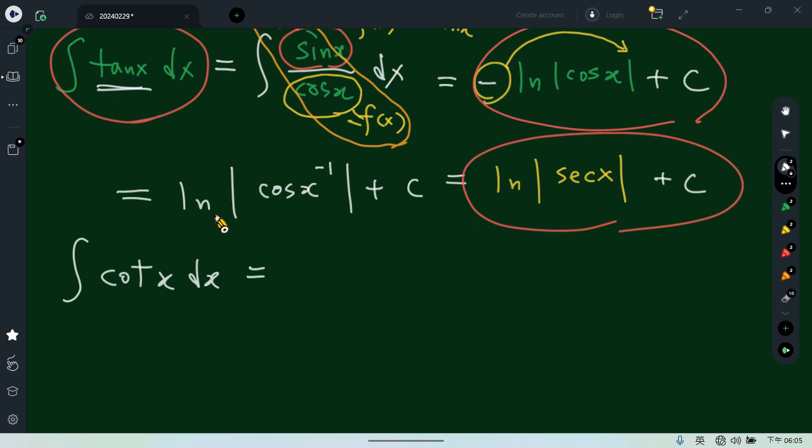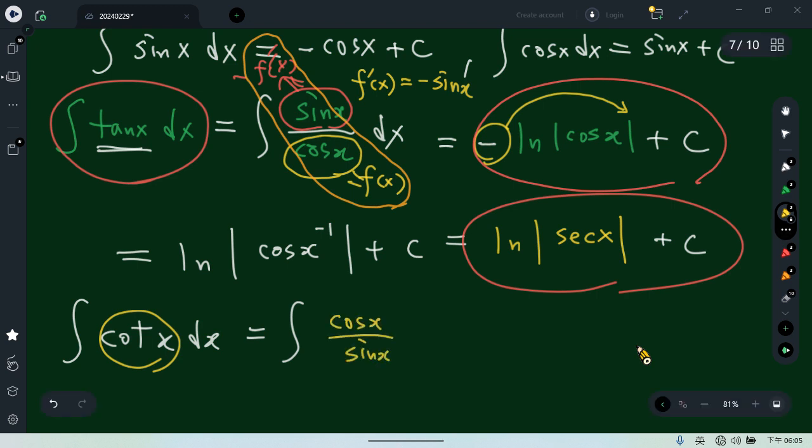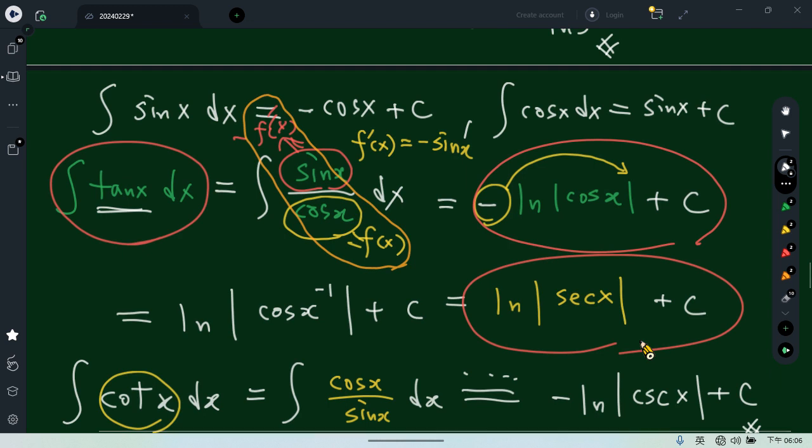Yes, your guess is correct. You can follow this rule: this part can be regarded as cosine x over sine x. Through a similar way, finally you get minus ln of the absolute value of cosecant x, plus c.